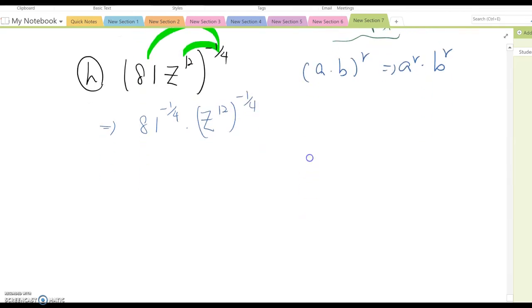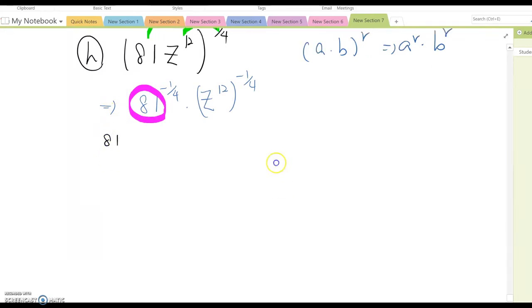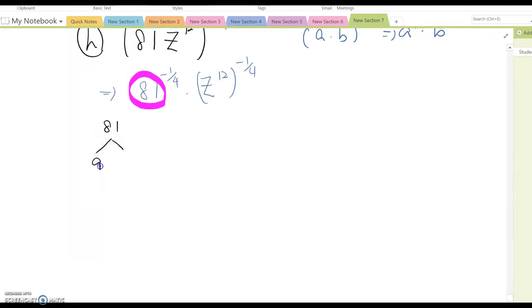Okay, now in this case, you need to prime factorize this number. So 81 is 9 times 9, and then 3 times 3, and 3 times 3. So 3 to the 4th power to the negative 1/4, multiply.